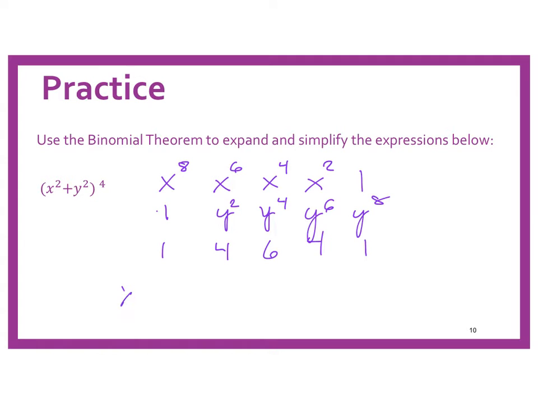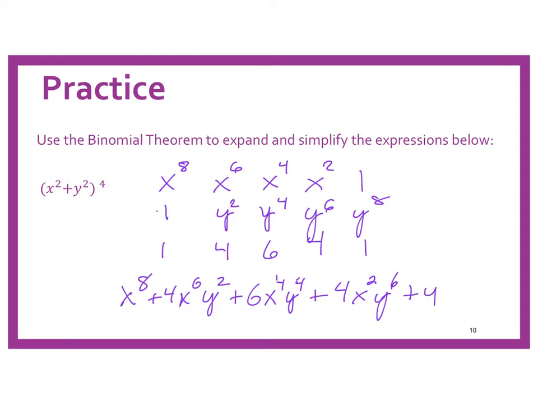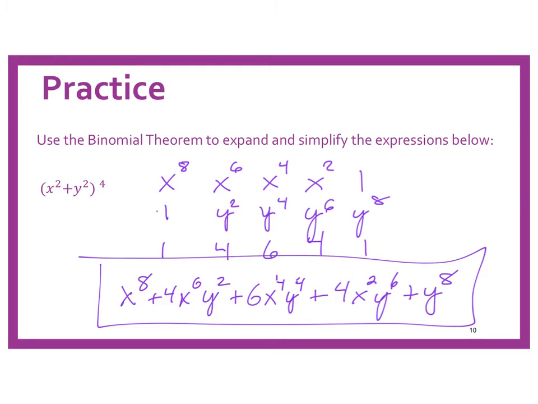So my final answer is going to be x to the 8th plus 4x to the 6th y squared plus 6x to the 4th y to the 4th, plus 4x squared y to the 6th plus y to the 8th. And there we go. Multiplying down each column, and you got it. It's not too bad when you divide it up into the 3 rows.